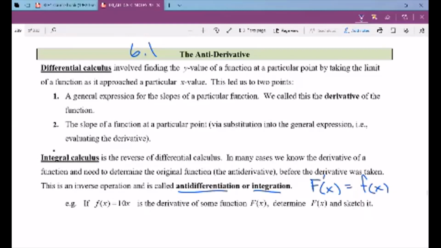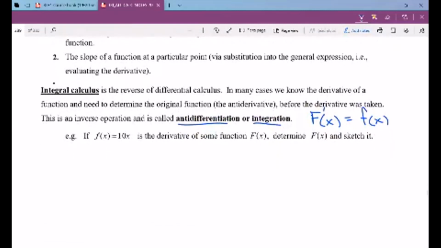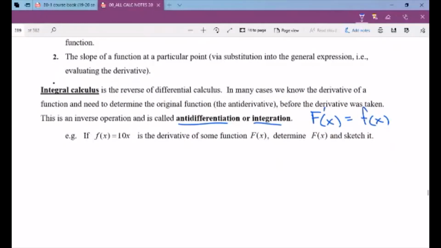Which means that if we're given f of x in this case, and we're asked to determine what F is, then we can do that. So in this case, f of x is equal to 10x. Well, if f of x is equal to 10x, that's the derivative of something that we started with. Then what did that something we started with look like?